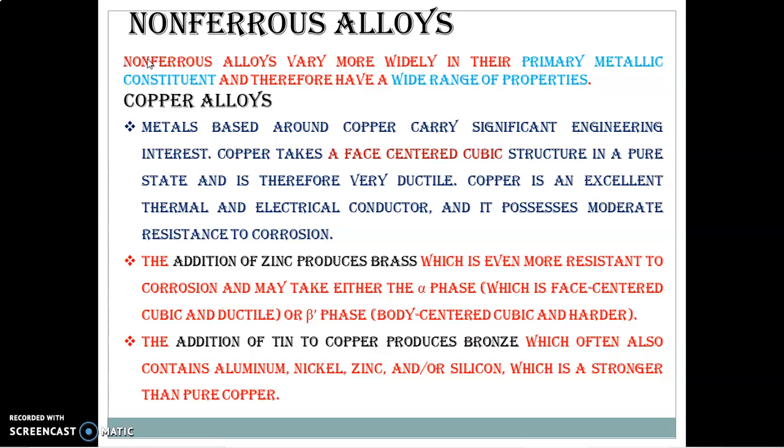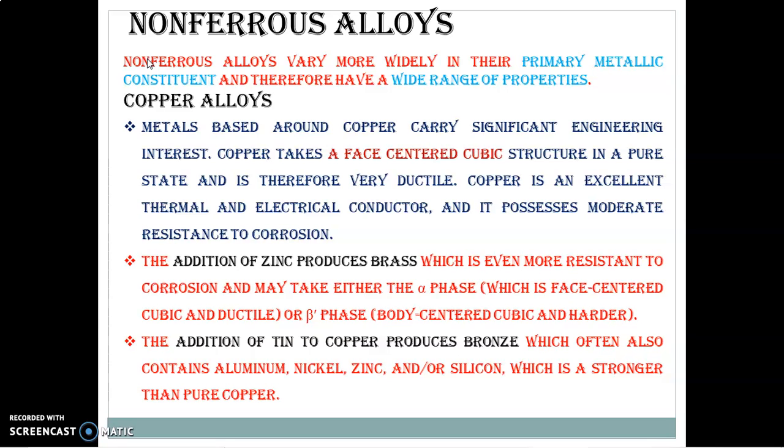Copper takes a face-centered cubic structure, which we may consider in short form as FCC, in a pure state. So whenever copper is in a pure state, it has an FCC structure and is therefore very ductile. The face-centered cubic structure is a ductile structure.